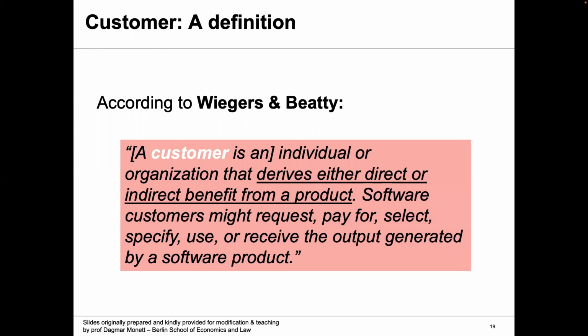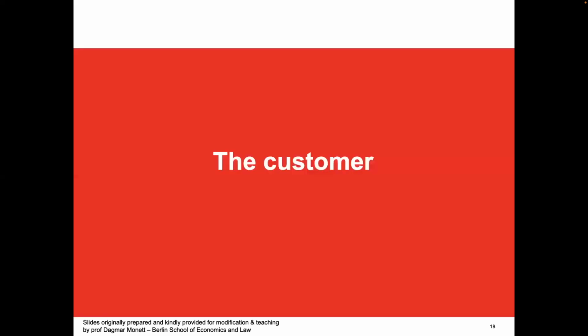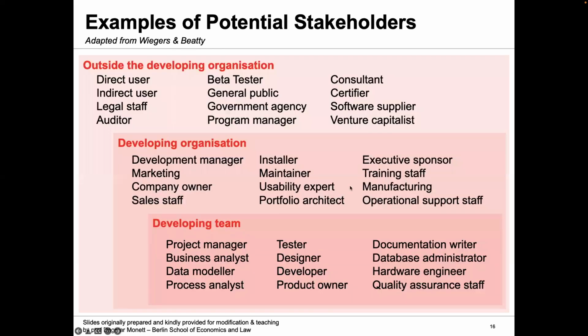This definition is that a customer is any individual or an organization that derives either direct or indirect benefit from a product. So software customers may request, pay for, select, specify, use, or receive the output generated by a software product. Covering all that we discussed in the last slide, they come in all shapes and sizes.